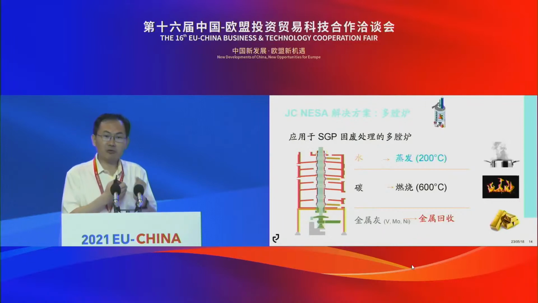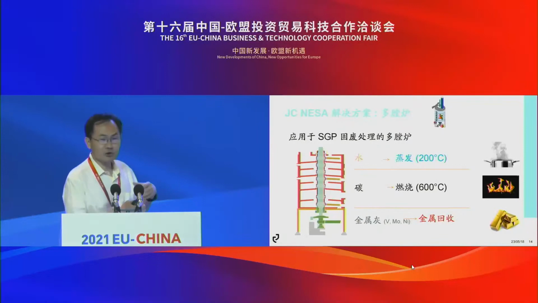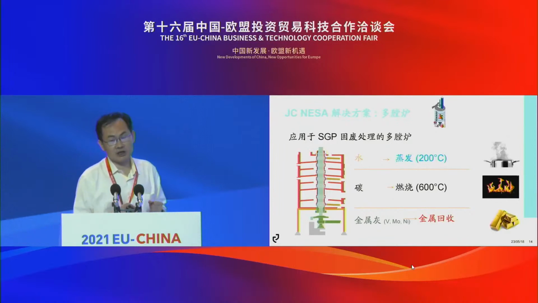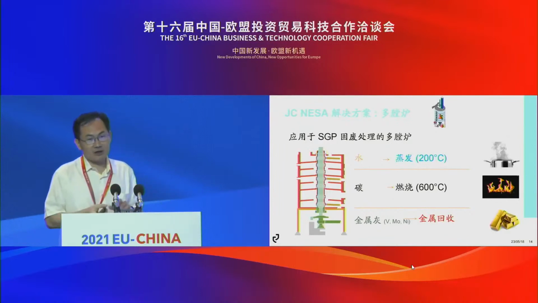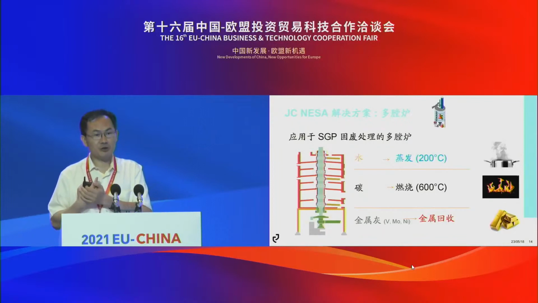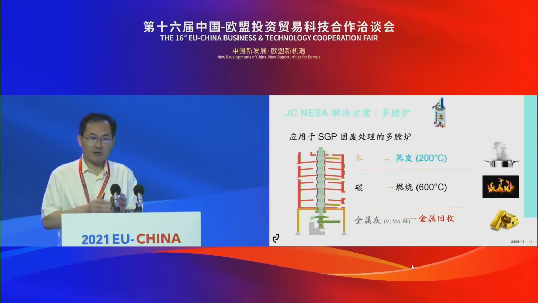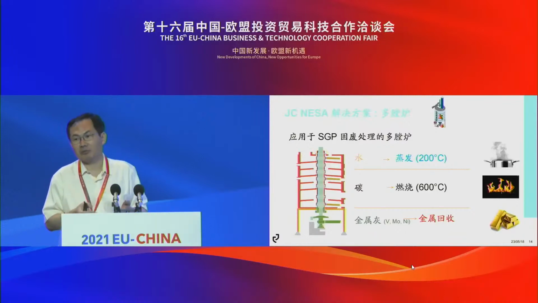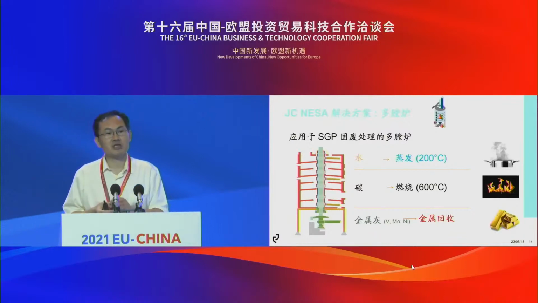If we want to burn this coal, we're hoping for a higher temperature, but the higher temperature will exert an influence on the vanadium. If we raise the temperature to more than 690 Celsius degrees, this vanadium will be evaporated and get out of the furnace.